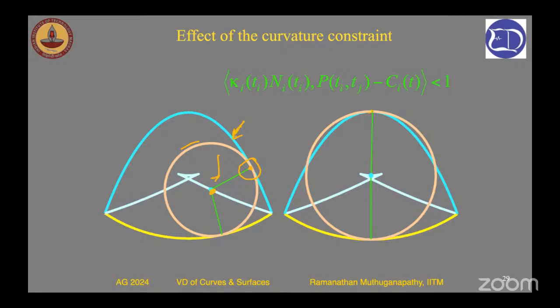For example, you can see the curve here is much more highly curved than the corresponding ball that you have, so the ball is a little flatter and the curvature of the curve is much higher.